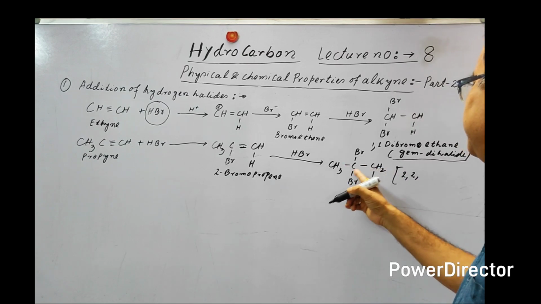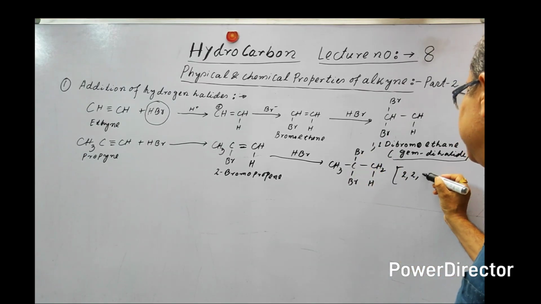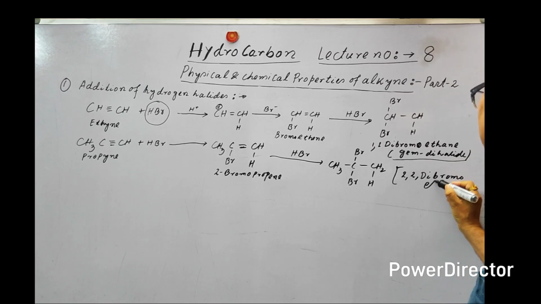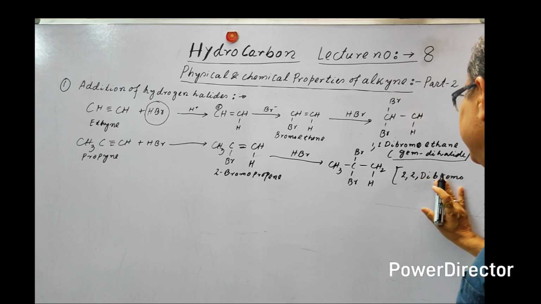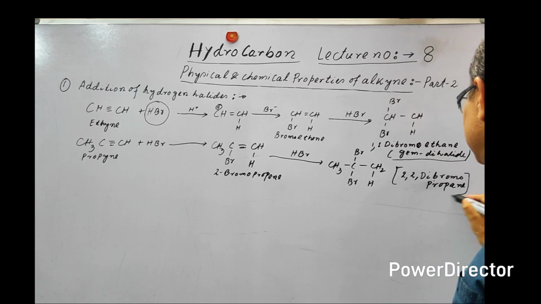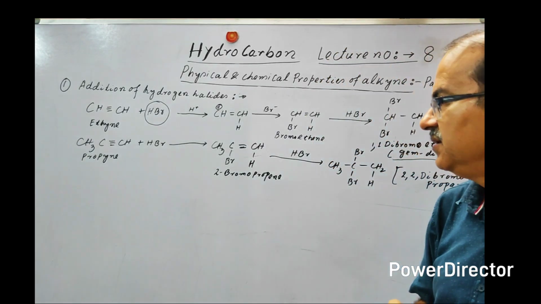You will see these bromine atoms have been attached to this carbon. It is 2,2-dibromopropane. Okay, so you understand the addition of hydrogen halides.